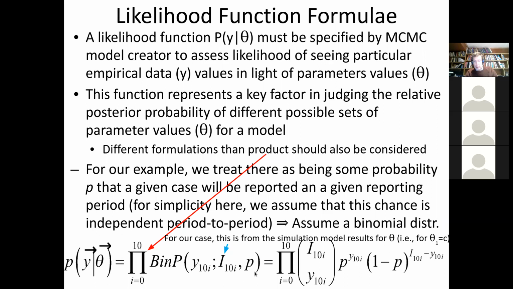And we do this for each data point. Here, we just multiply them together and we get a number, right? So for a given value of theta, we get a number out that is our likelihood. Okay, now we're cooking with gas. We can plug in theta. We can evaluate the likelihood of observing the data in light of theta.